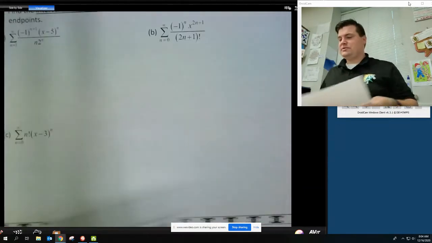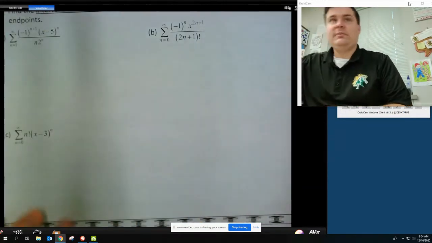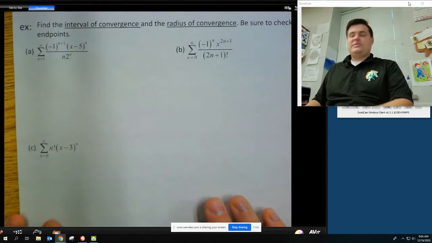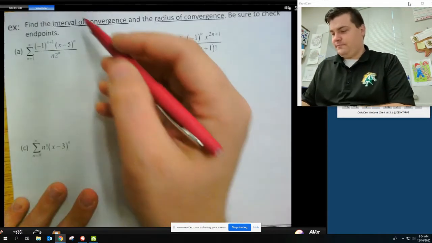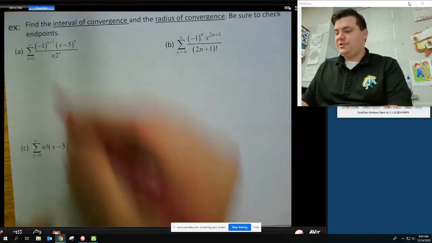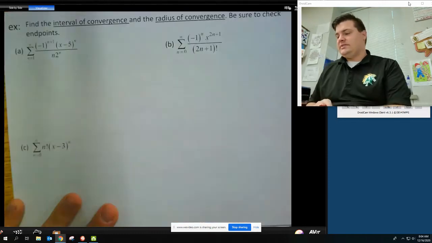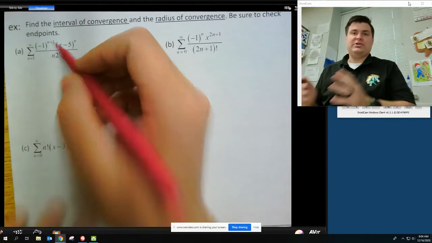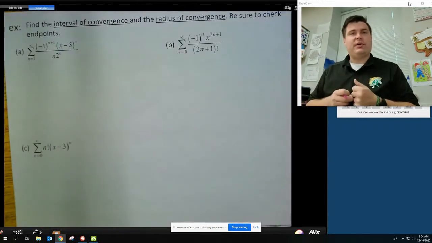All right, so let's get to some problems here. Find the interval of convergence. Pretty much we want to know, depending on what the x value is, when is this going to converge? Is it going to converge no matter what x is? Is it going to converge only for one certain x value, or is it going to converge in a little bit of an interval? That's really what we're looking for.